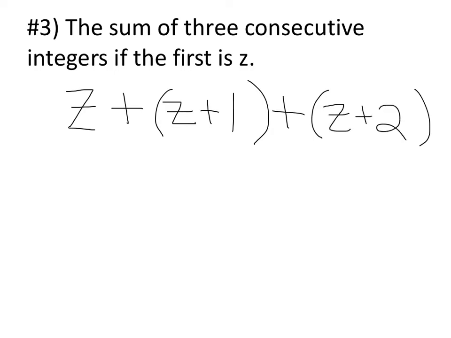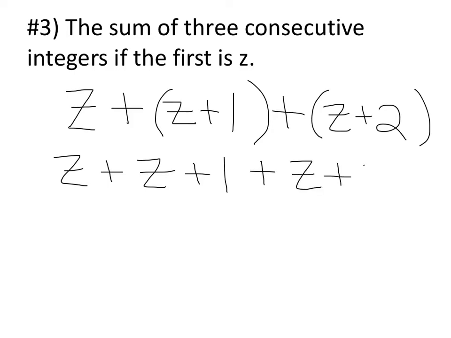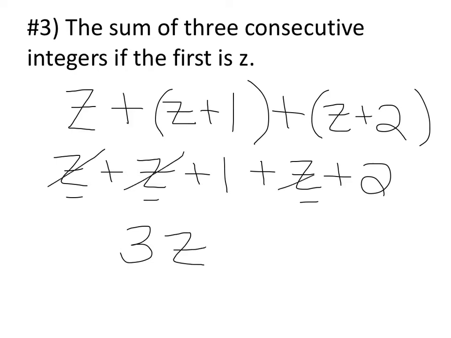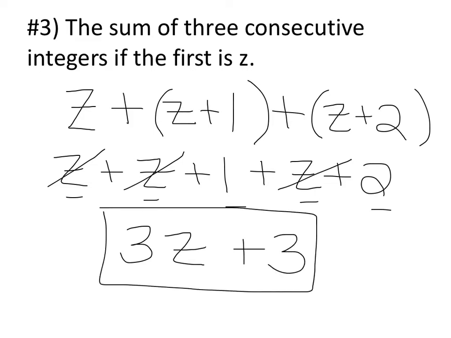Remember to always put your parentheses around your expressions. And now we're going to go ahead and distribute those positive ones, which does not change anything. And we will combine our like terms. z plus z is 3z. Cross those bad boys out. And then 1 plus 2 is 3. So our expression is z plus 3.